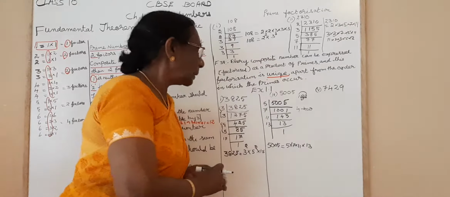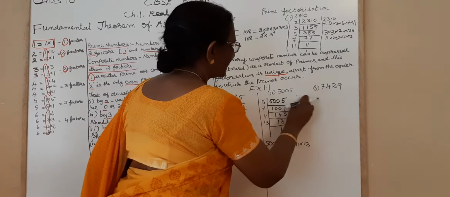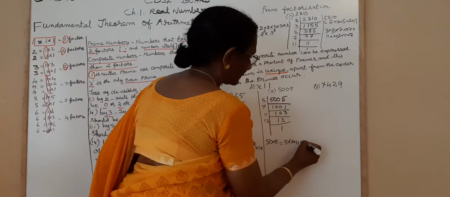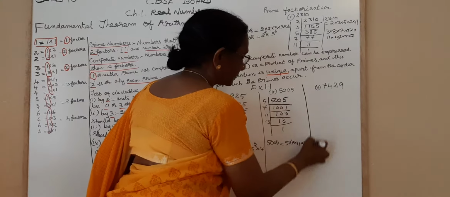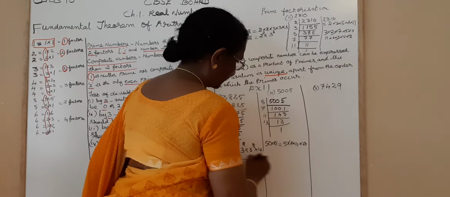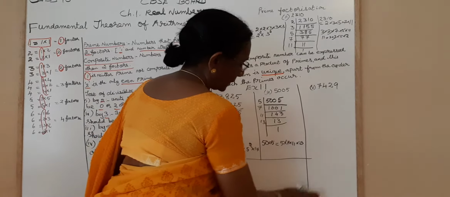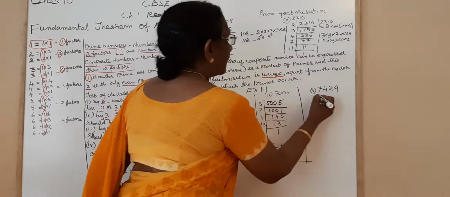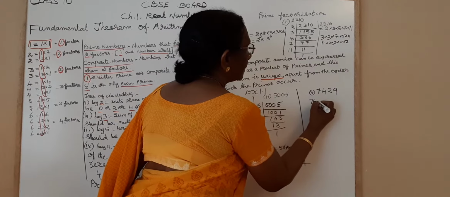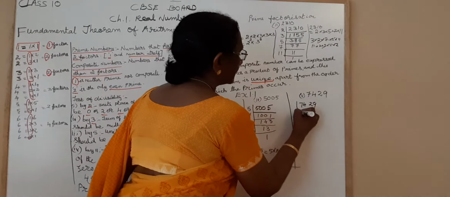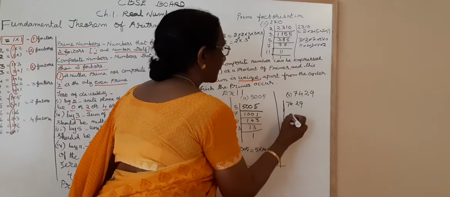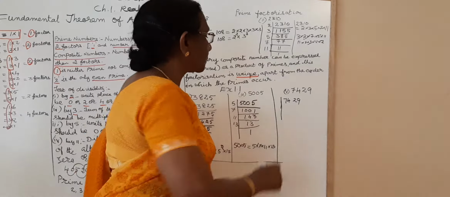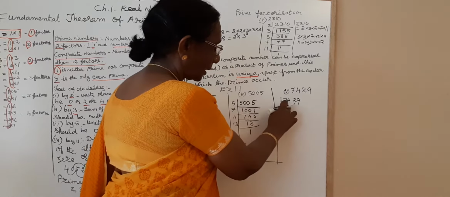Now we'll move to the next one, 7429. See, check, it's not divisible by 2. 9 plus 2, 11, 11 plus 4, 15, 20.